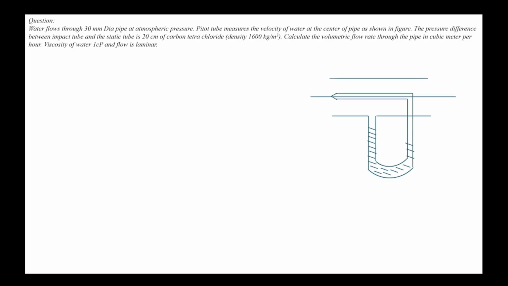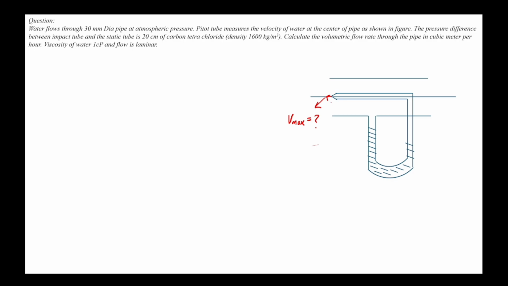So what is the question saying? Water flows through a 30 diameter pipe at atmospheric pressure. A pitot tube measures the velocity of water at the center of the pipe as shown in the figure. The pitot tube is measuring the velocity at the center, that means the velocity which we will calculate from the pitot tube will be V max.